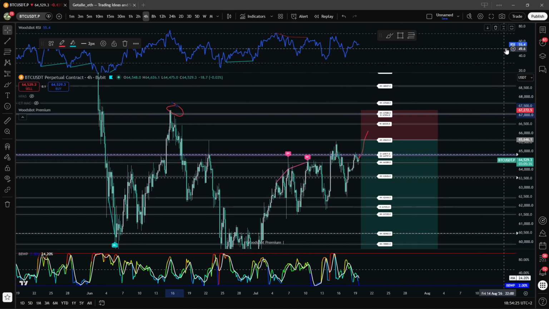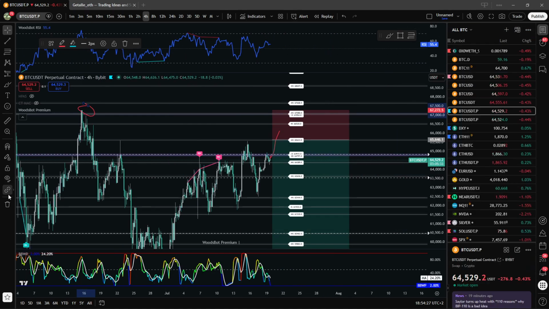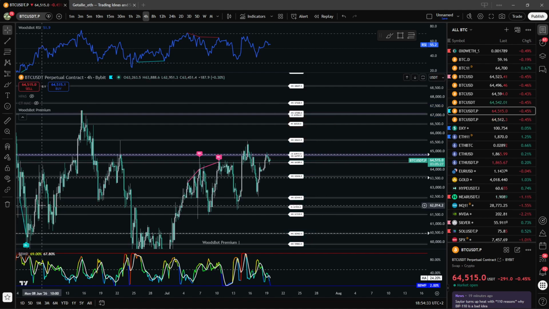Can you chart GTO? Yes, sir. And again, guys, make sure to choose your time frames wisely. If you don't have a defined time frame, choose your time frames today.